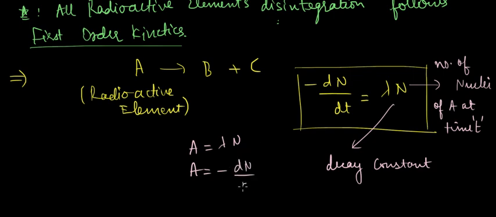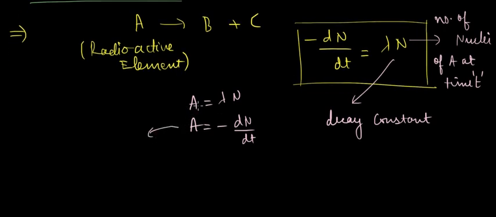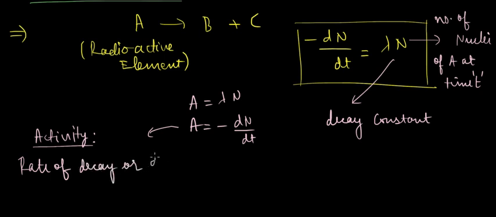Which is nothing but the rate of decay or disintegration of a radioactive element, which is also called activity, A. So activity is defined as the rate of decay or disintegration of a radioactive element.